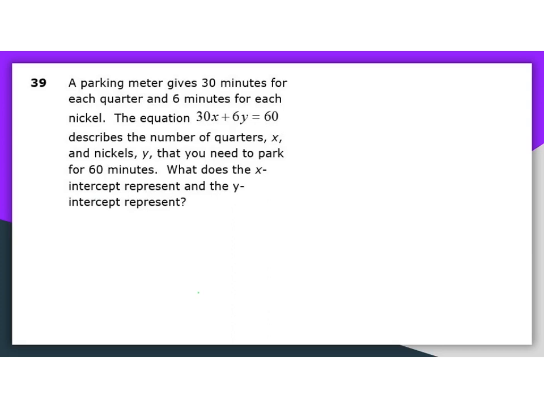So I'm going to start off with finding the x-intercept. x is representing our quarters, and we're given this equation to work with, so I'm going to rewrite that. 30x plus 6y equals 60.